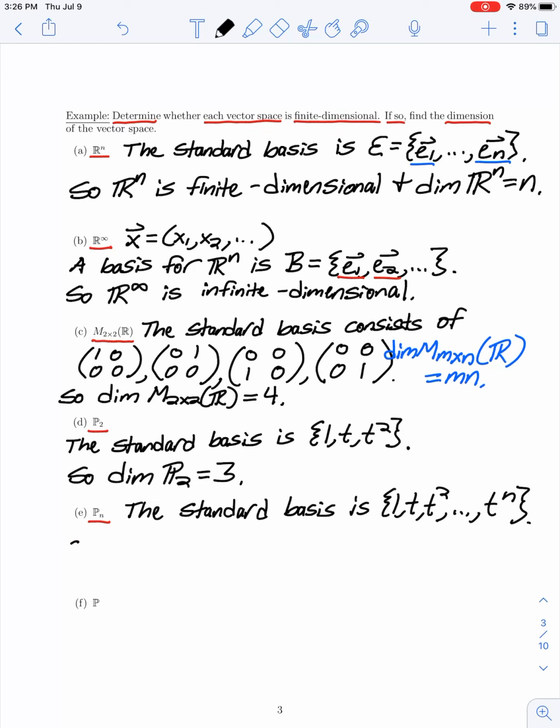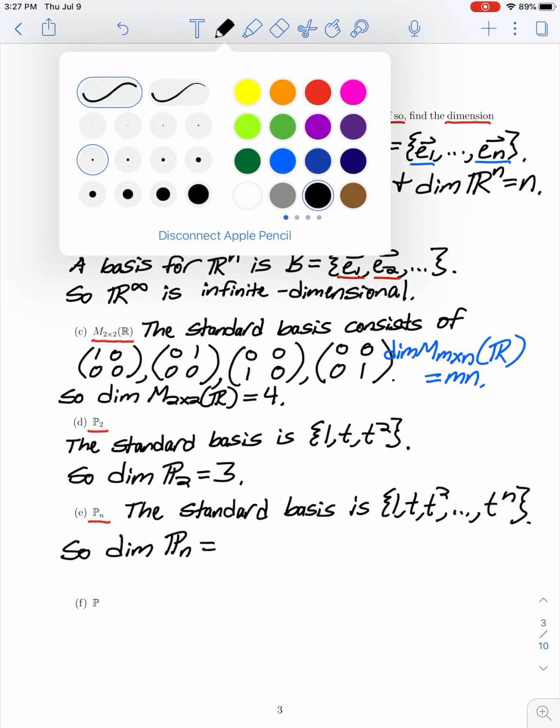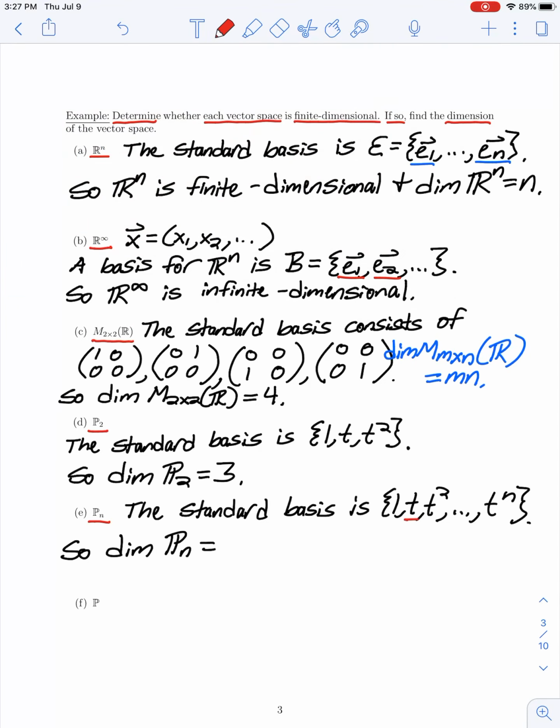So in total, let's count the number of vectors that we have for this basis. We have t to the first, t squared up through t to the n, so that's n vectors, but then we also have this constant 1.